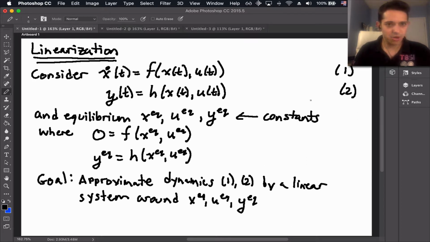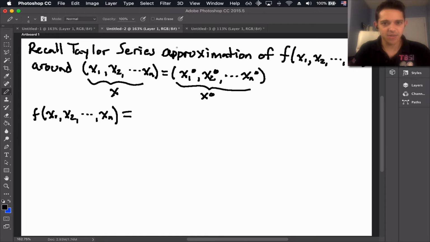Okay, so that's the goal. And the key tool that we're going to use to execute linearization is Taylor series. So here on this next slide, I would like us to recall the Taylor series approximation.